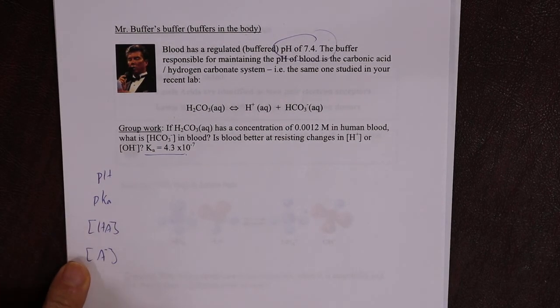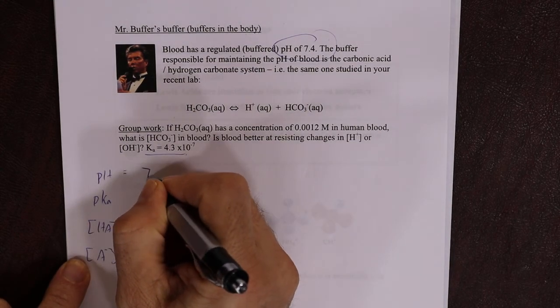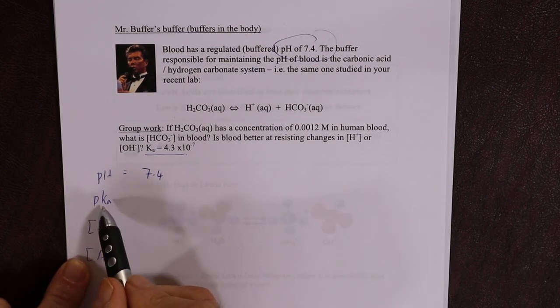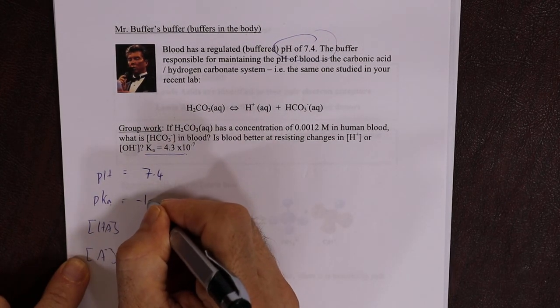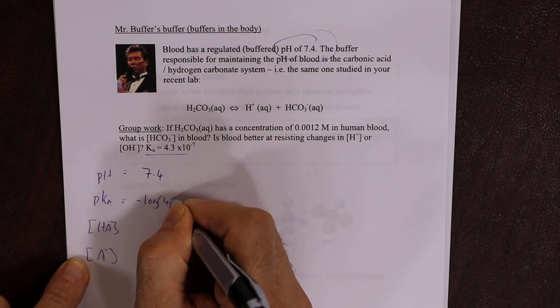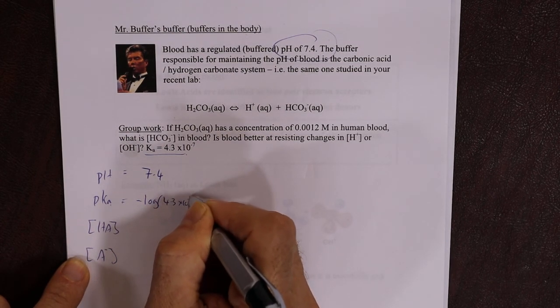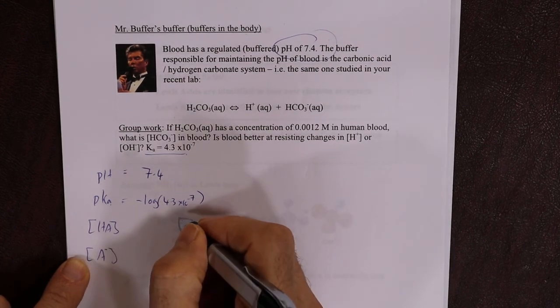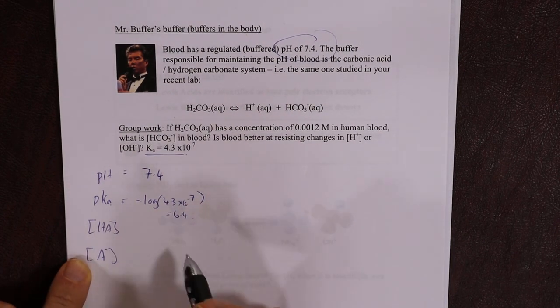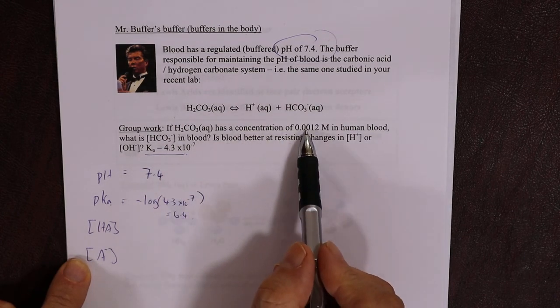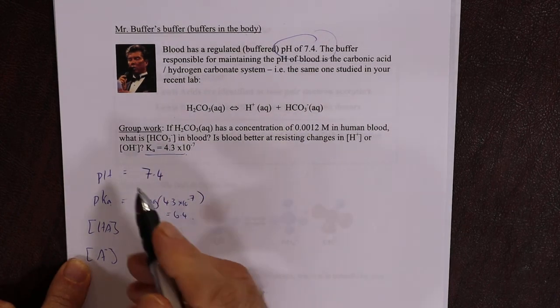So pH is in the question, 7.4. pKa is kind of in the question. Ka is given, so pKa is minus log of 4.3 times 10 to the minus 7, which equals 6.4. HA tells us right there, 0.0012.